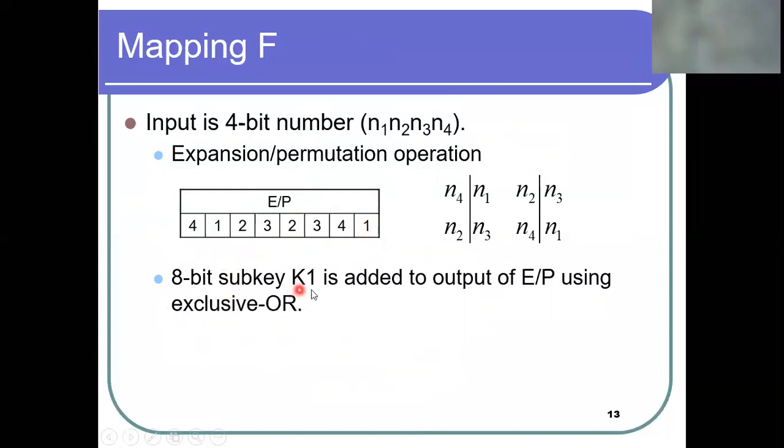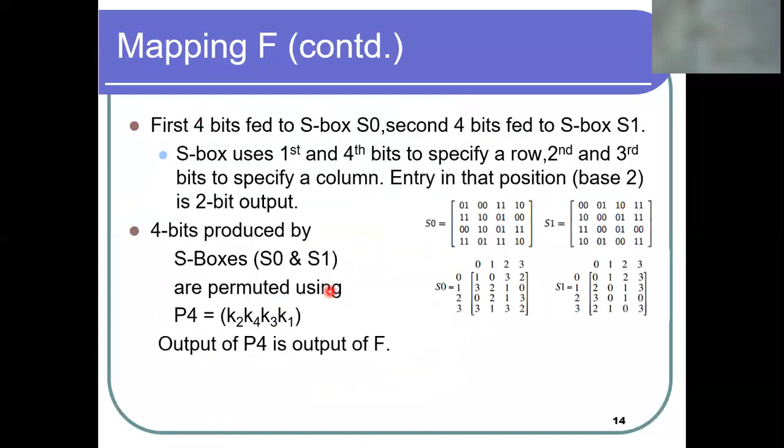So the 8-bit subkey K is added to the output of EP using XOR operation like this one. After XORing, the first 4 bits feed to the S box, the first substitution box, we'll call it S0, and the second 4 bits feed to the second substitution box, we'll call it S1.